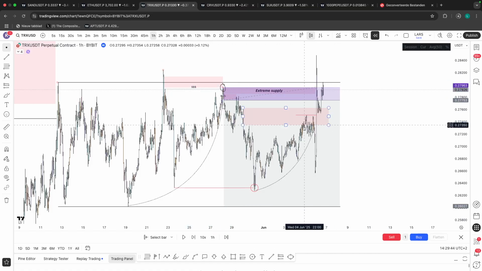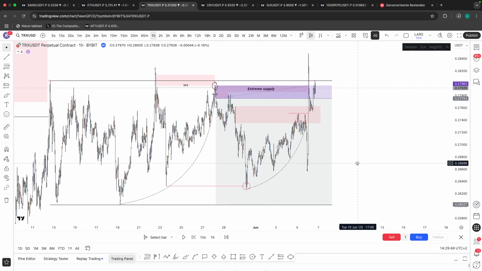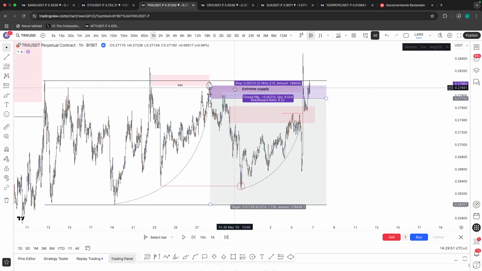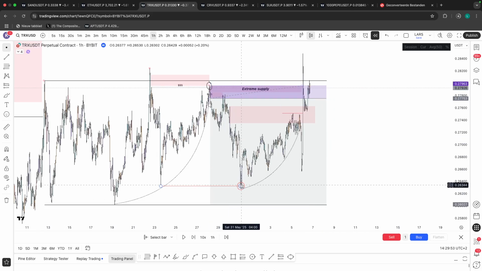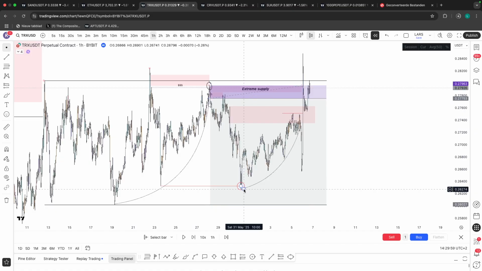So I hope you are starting to get the point. Despite this not tapping into extreme supply, because we already swept opposing extreme liquidity, I do not want to see price reverse. Because the model basically already completed itself, but it just front ran RTP, which sometimes happens, right? It sometimes happens.